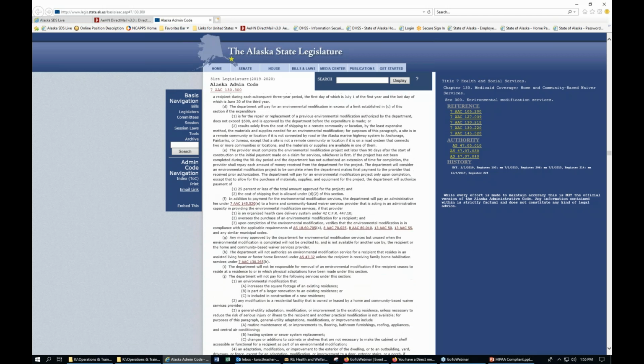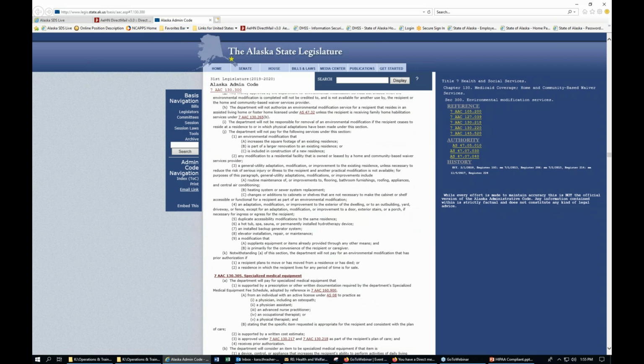You've got procedures here that the provider follows to make a claim for the service. Generally, they are authorized to be paid 25% or less of the total amount approved for the project. And then after that, when the project is done, they request the rest of the payment directly from SDS.